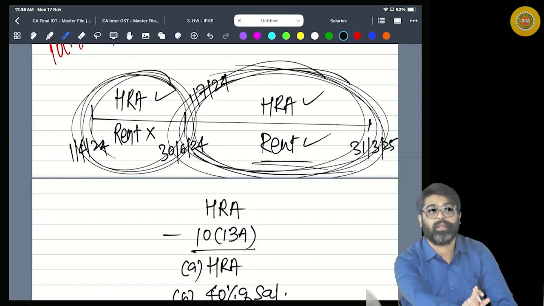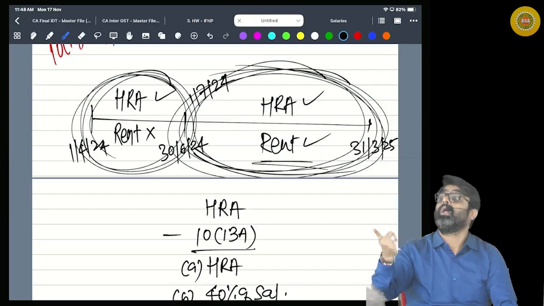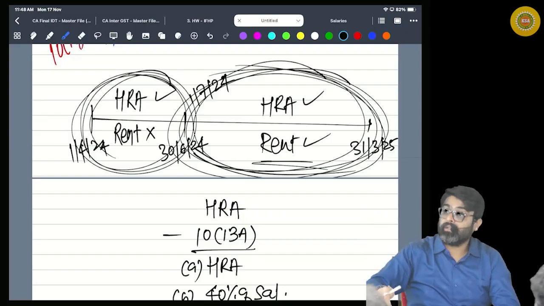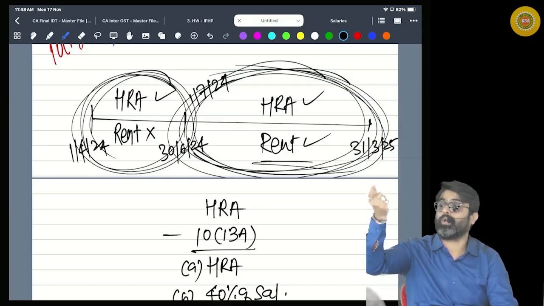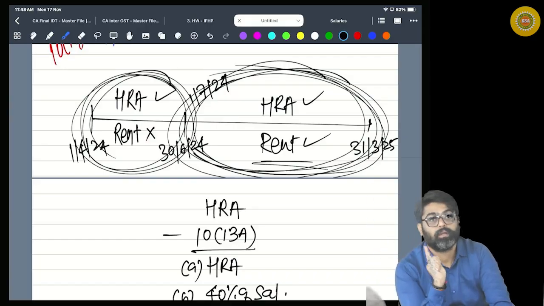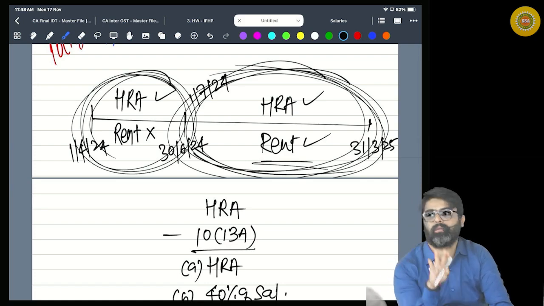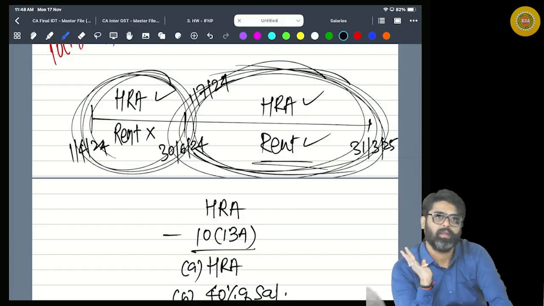Remember, the salary will be taken as basic salary, DA in terms, turnover commission, which becomes due in the month in which the rent is paid out of your HRA. Nothing else you are going to take. Even if that salary is not received, whatever salary becomes due in that month, take that salary, and based on that the exemption will be calculated.